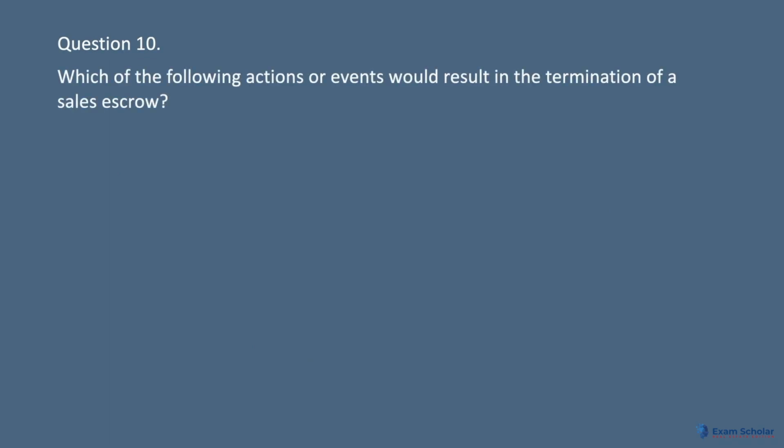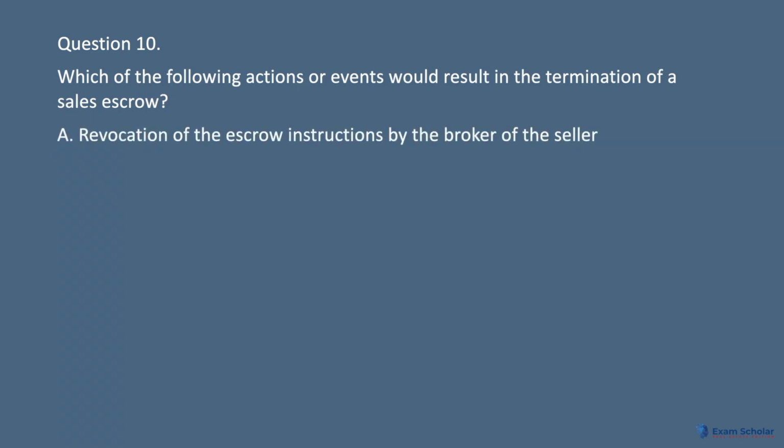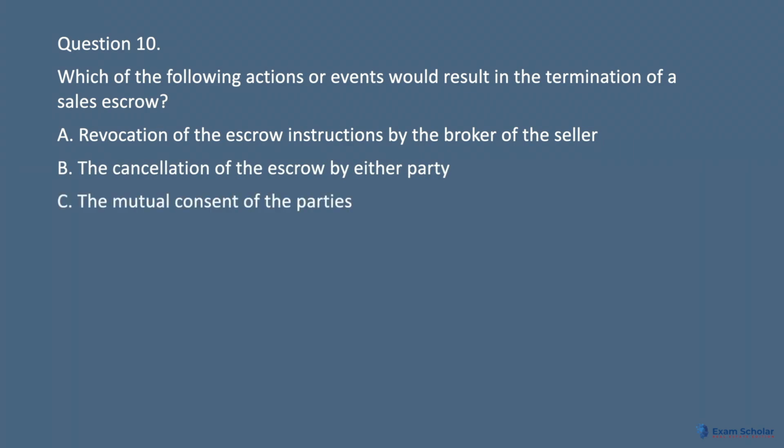Question 10. Which of the following actions or events would result in the termination of a sales escrow? A. Revocation of the escrow instructions by the broker of the seller. B. The cancellation of the escrow by either party. C. The mutual consent of the parties.